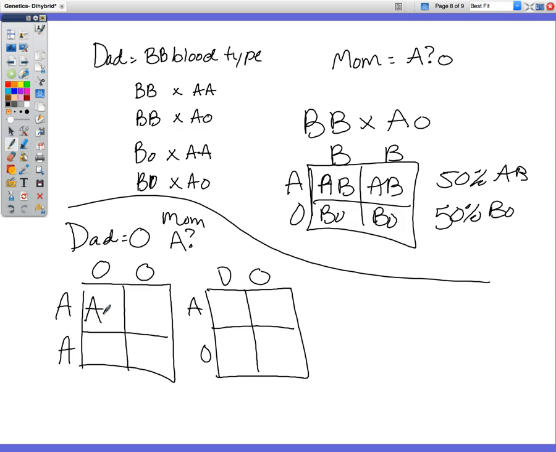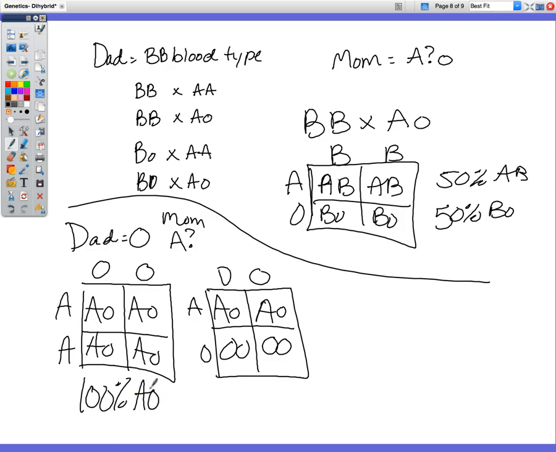So we would fill out two Punnett squares for the possible genotypes. So this time they would have 100% chance being heterozygous for A blood type, or 50-50 for A or O.